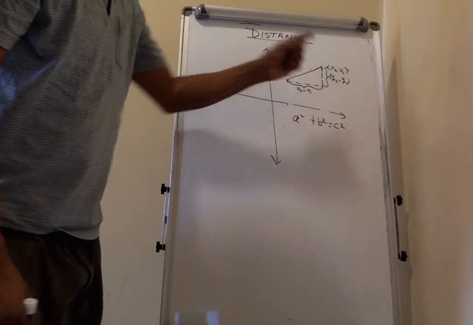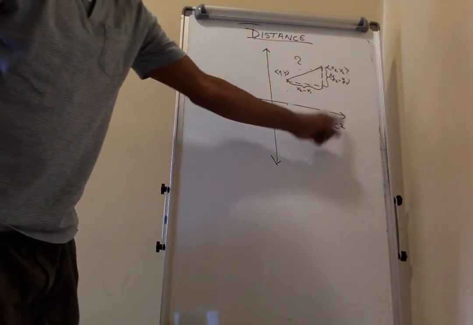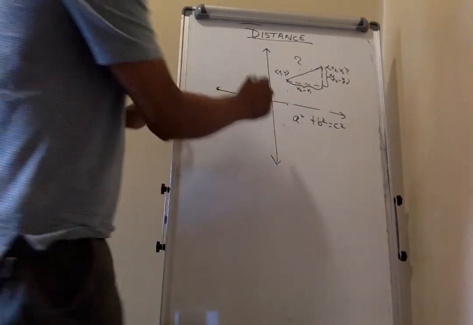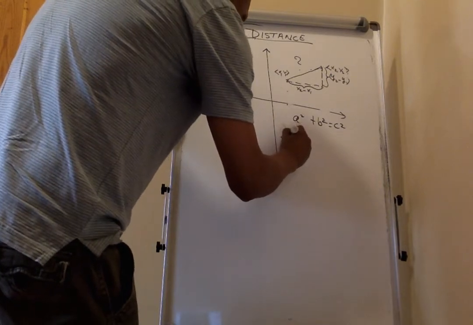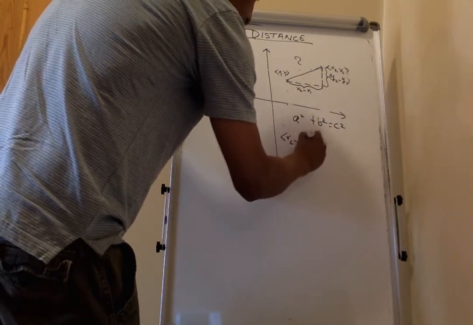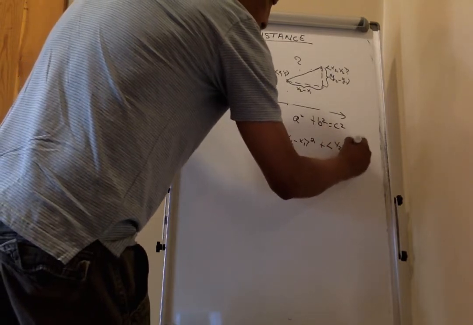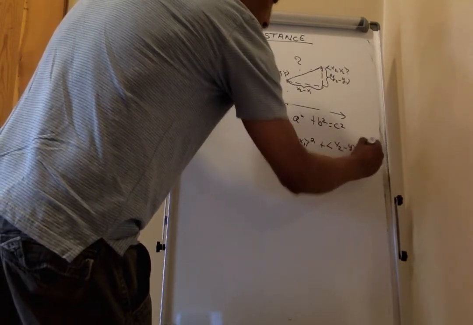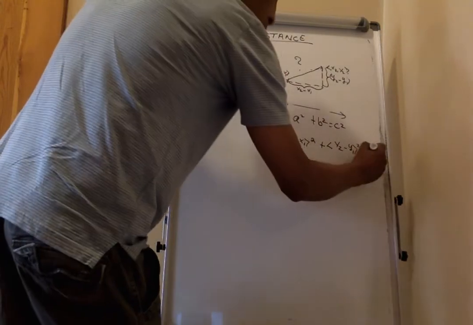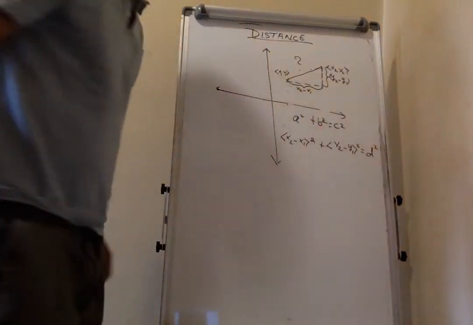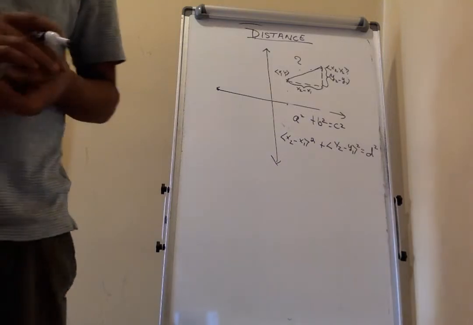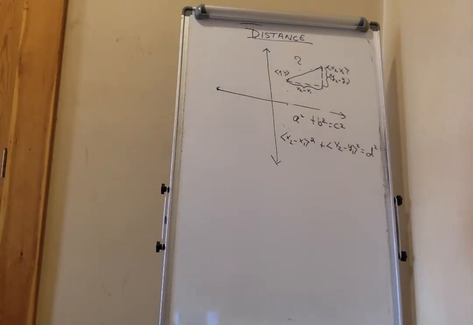So we want to find not the distance, but the distance squared. So what I'm going to do would be x2 minus x1 squared plus y2 minus y1 squared. So from here to here would be distance squared. So I'm just applying the Pythagorean theorem.